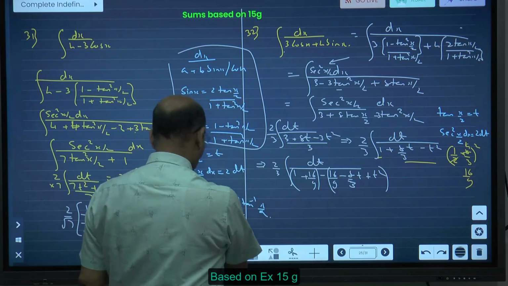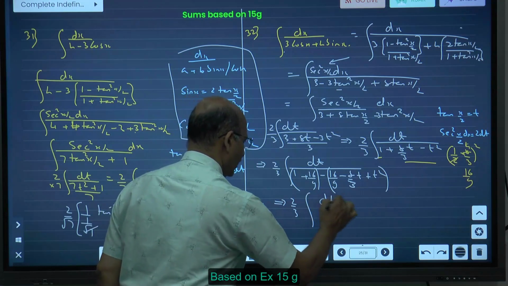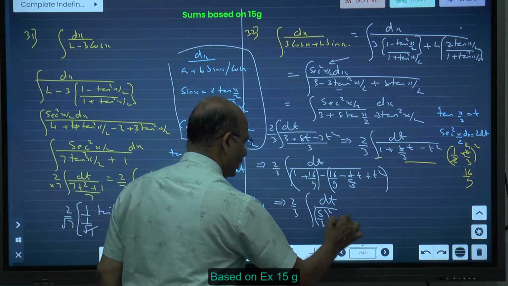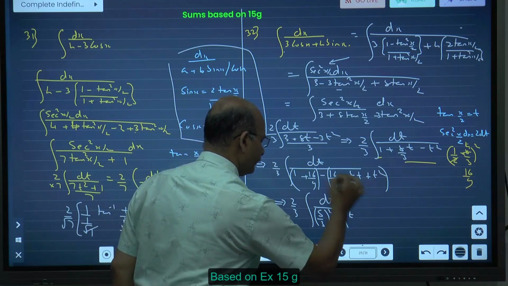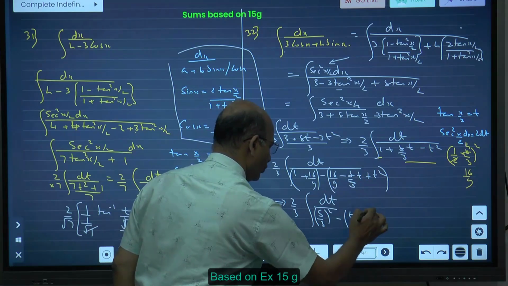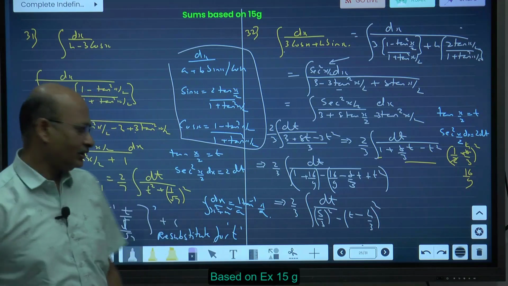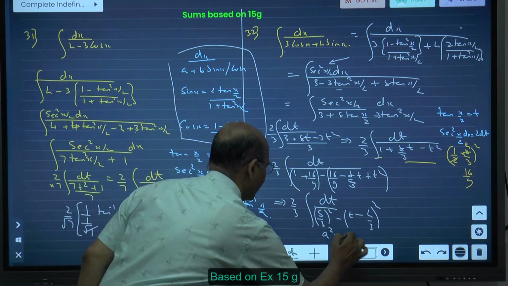Now what happens? 2 by 3 dt upon 5 by 3 whole square minus, this is t minus 4 by 3 whole square. Now tell me what form it is. This is the form without root, of course, a square minus x square form.